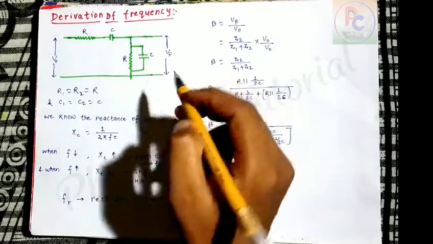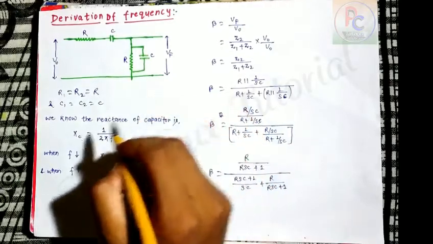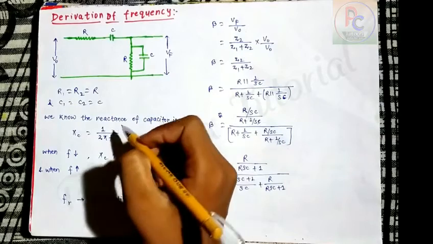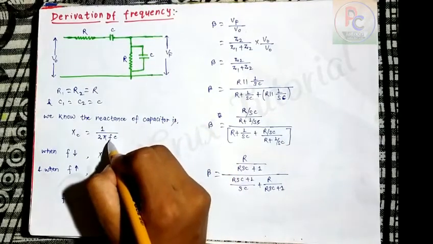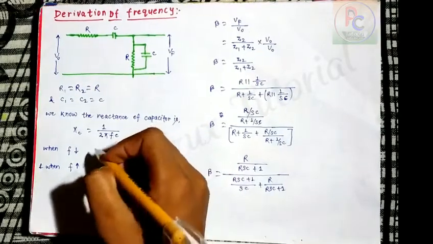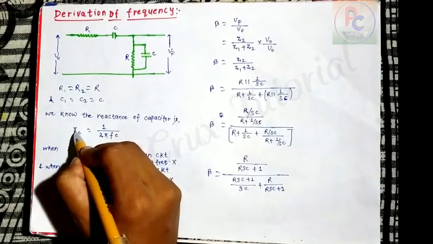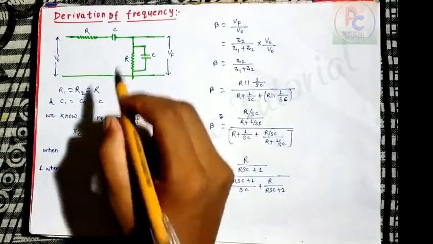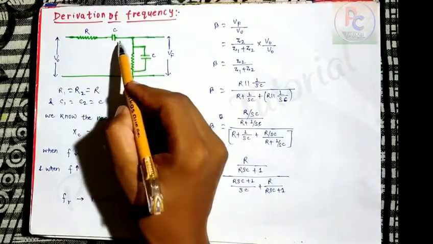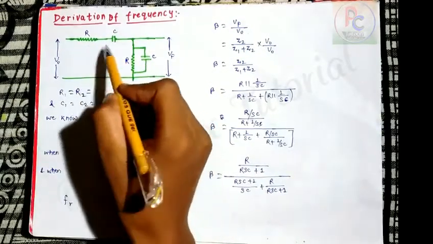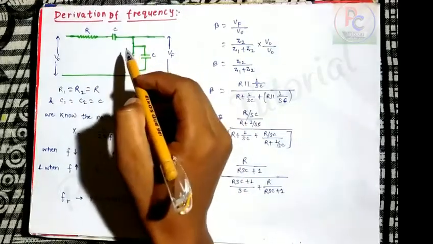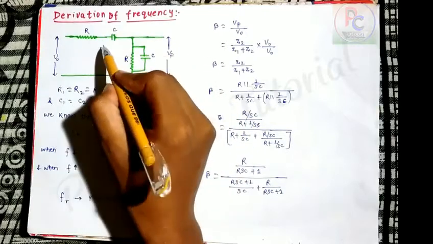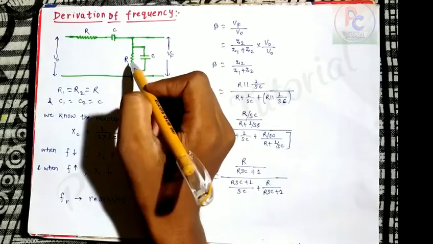We know the reactance of a capacitor is Xc equal to 1 by 2 pi F C. When F is low, then the reactance of the capacitor will be high, so it will be an open circuit. So when it is an open circuit, no low frequency passes through this circuit.